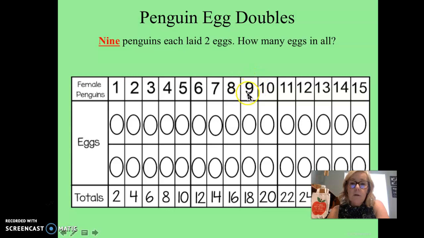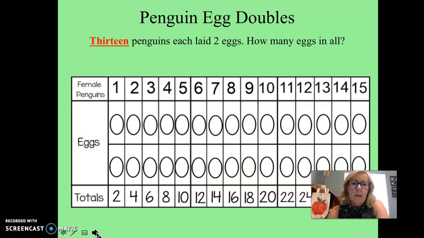How many eggs in all? 9 plus 9 equals 18. That is an incorrect circle. Sorry about that. 13 penguins, each laid 2 eggs. How many eggs in all? 13 penguins. 13 plus 13 equals 26.